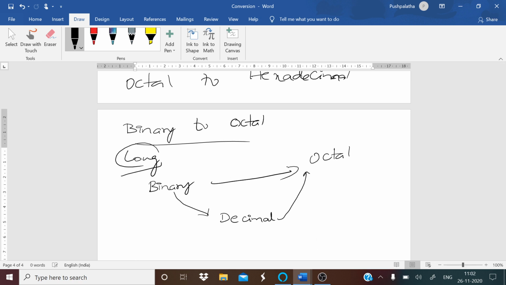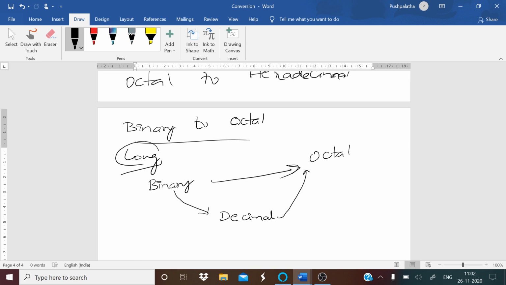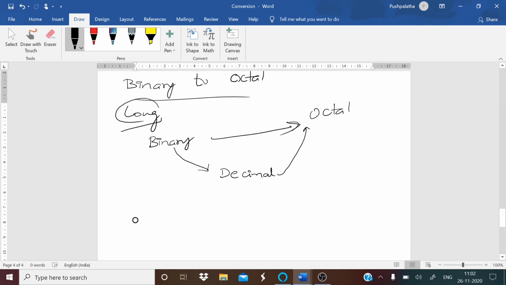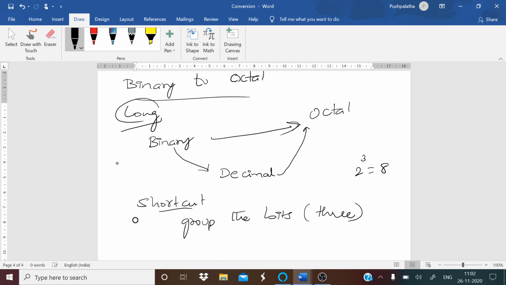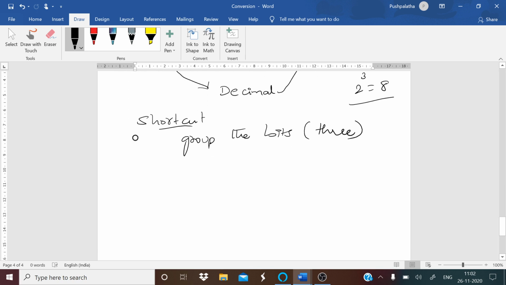That's a long method. Or if you go for the shortcut method, it is very easy. You are going to group the bits, 3 bits at a time, because 2 to the power of 3 is 8, and octal means 8. Then convert each group into its equivalent octal number.